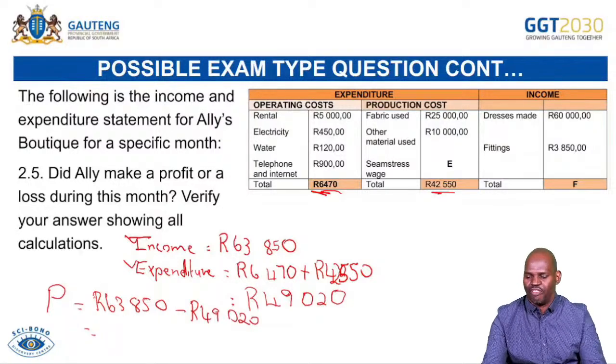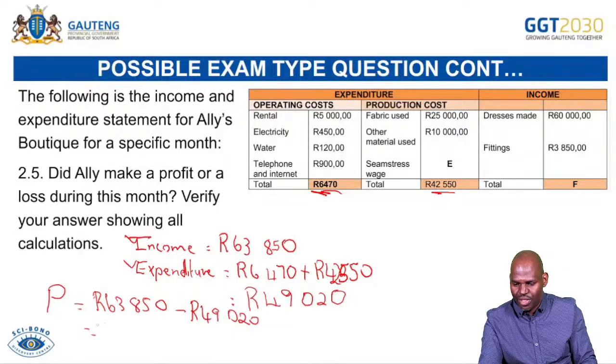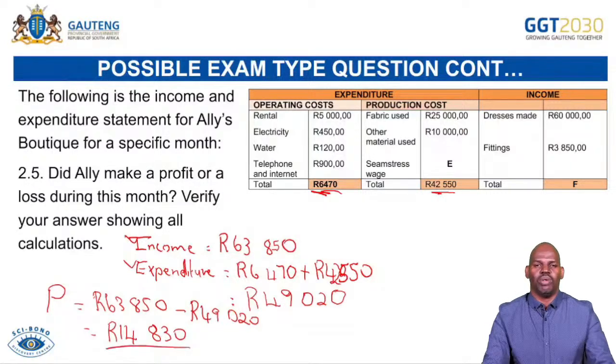So we just verify that. So we say 63,850 minus 49,020. Okay, then we get 14,830. So that will be the profit.